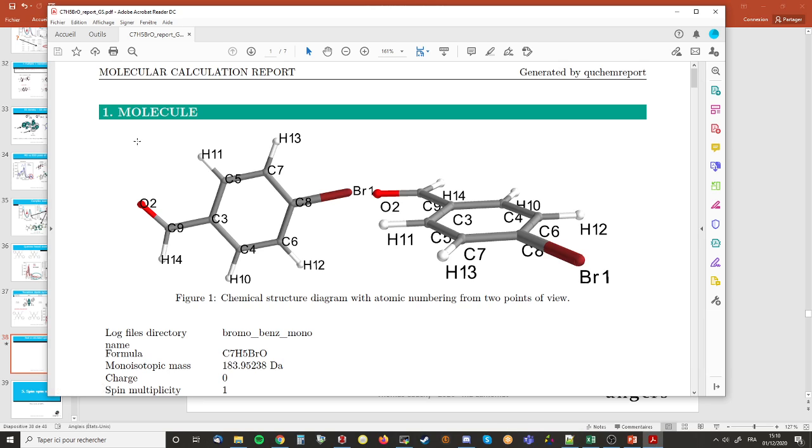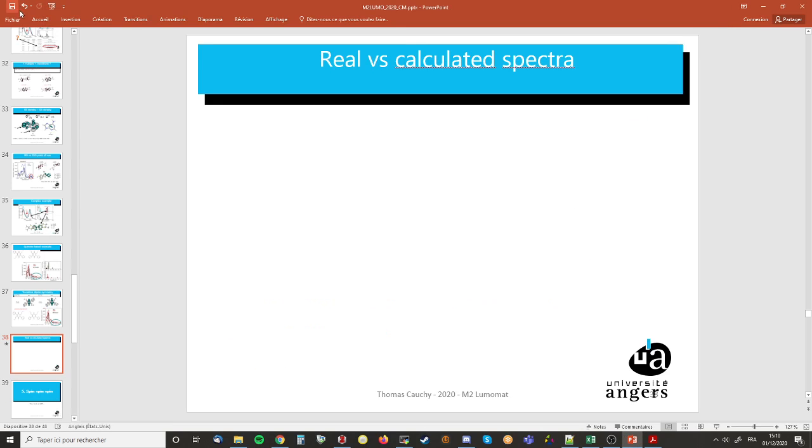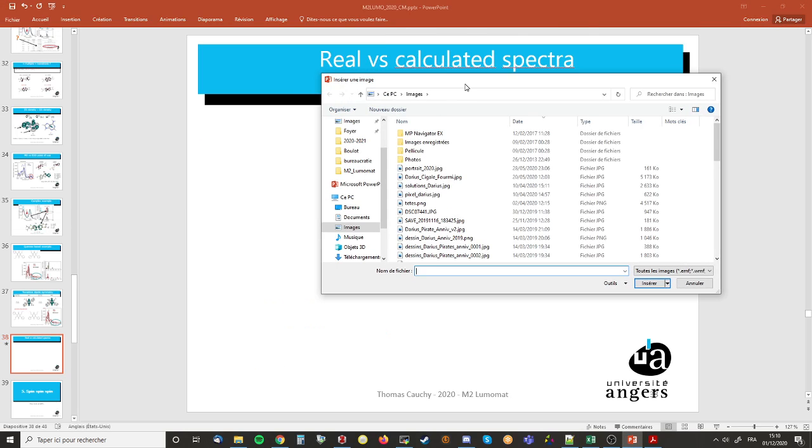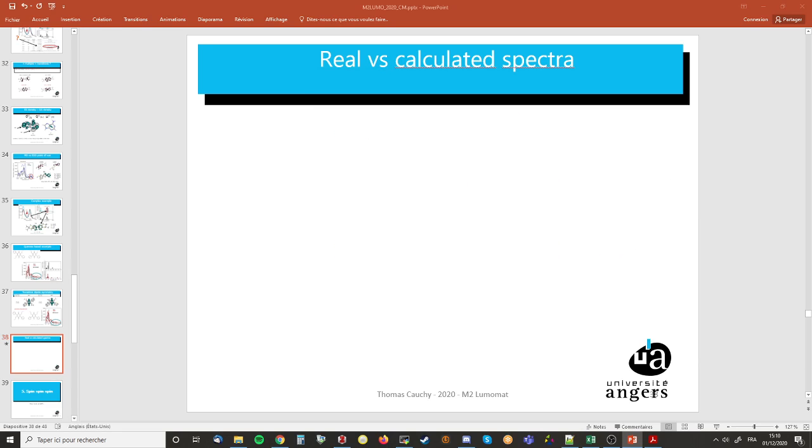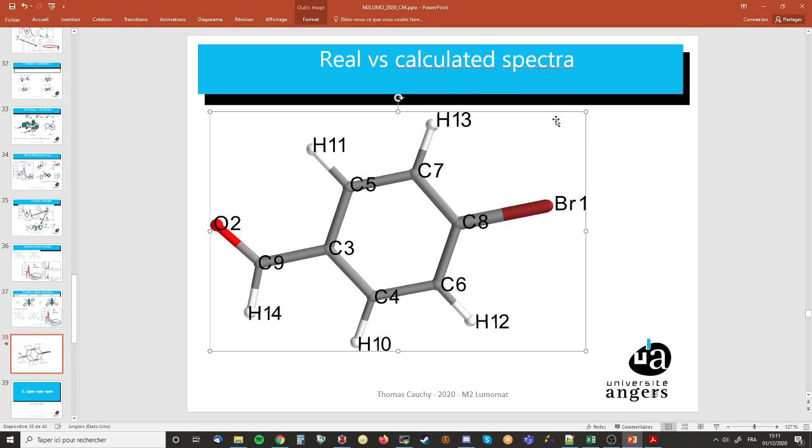So let's copy and insert the pictures of this molecule.